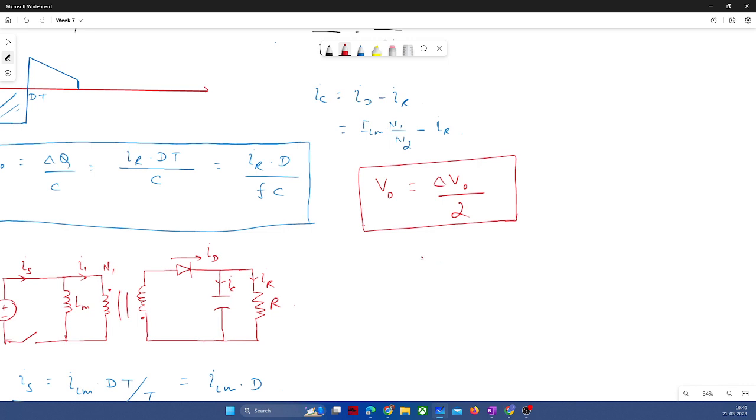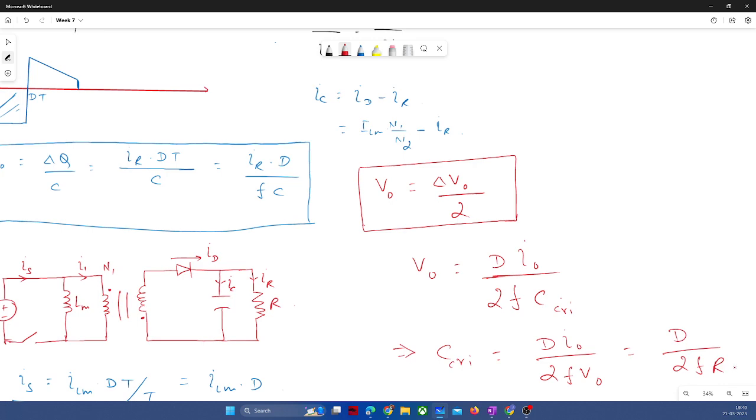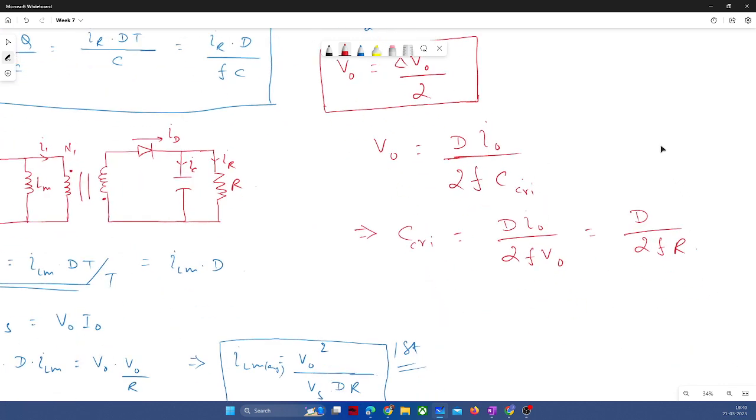So let me write V naught equal to d I naught by fC, over 2. So C critical will be equal to d I naught, where V naught by I naught is R. So d by 2Rf. This will be your critical capacitance. Just similar to this, you can compute it for any circuit.